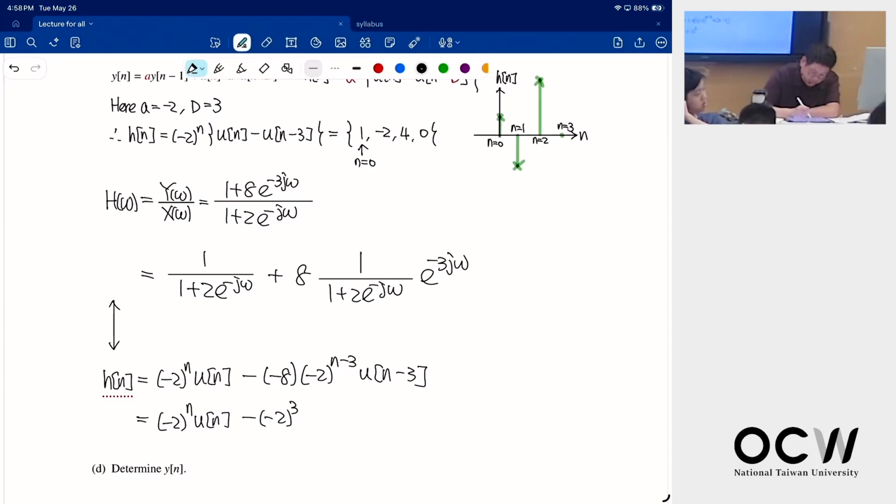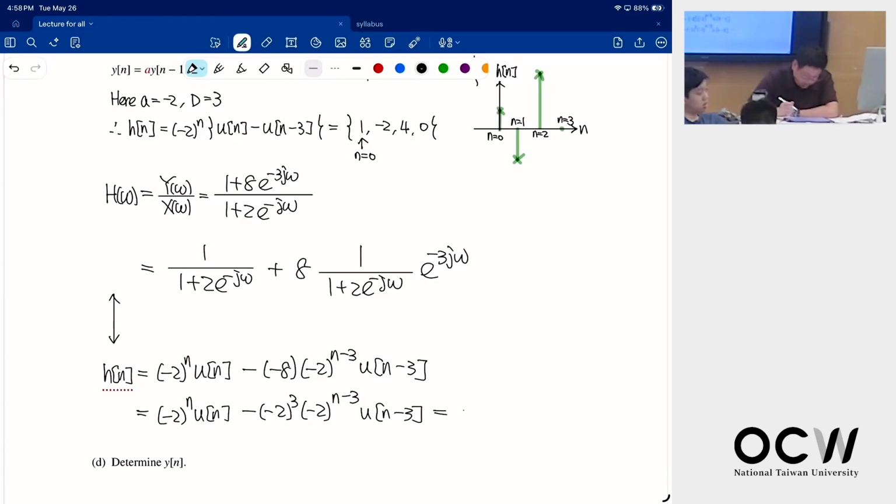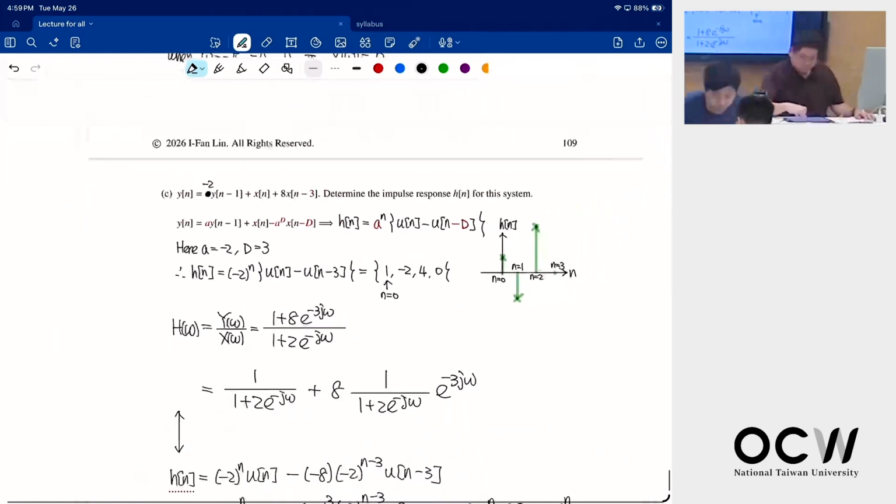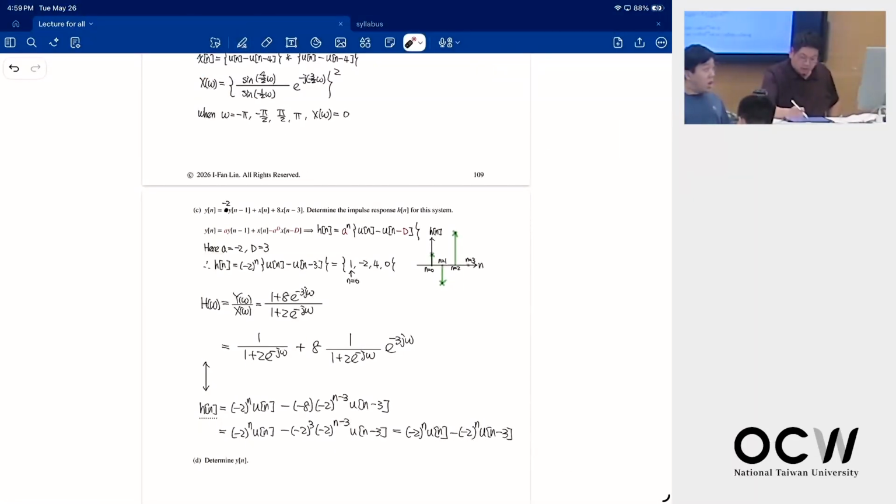And minus 2 to the n minus 3. So overall, you will get minus 2 to the n u[n] minus minus 2 to the n u[n minus 3]. So when you take the Fourier transform, you will also get this final result.